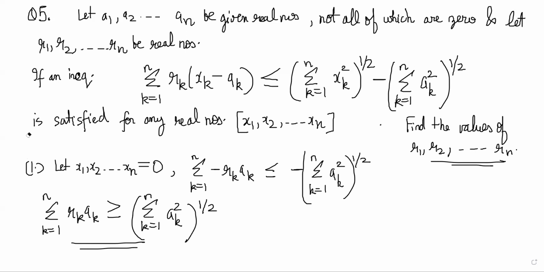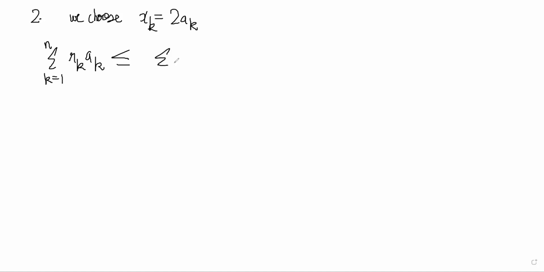So keep that condition in mind. We'll use it later. The second condition is if we choose each of the xk to be equal to twice of ak, for k goes from 1 to n. In this case, the inequality tells us summation k is equal to 1 to n rk times ak is less than equal to summation of k is equal to 1 to n, this is twice of ak, so it's 4 ak square, and whole to the power half minus summation k goes from 1 to n ak square to the power half.